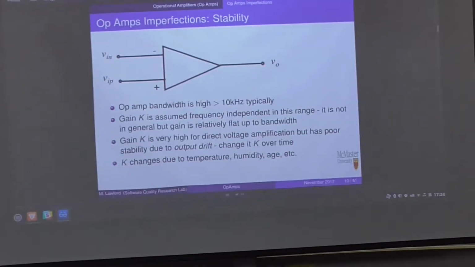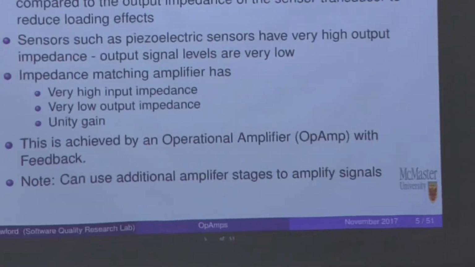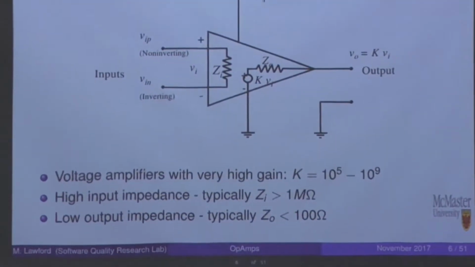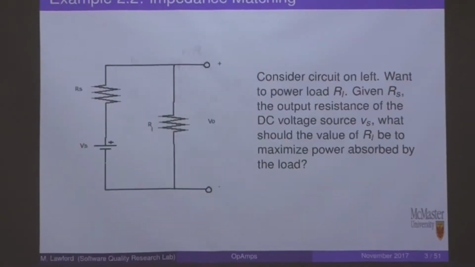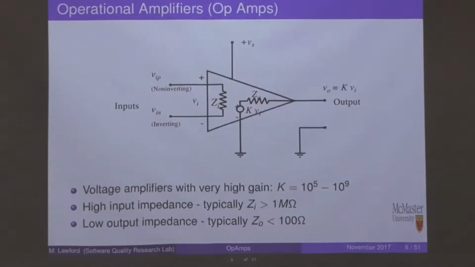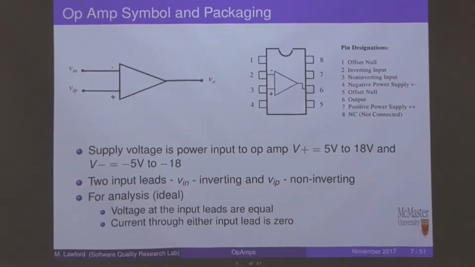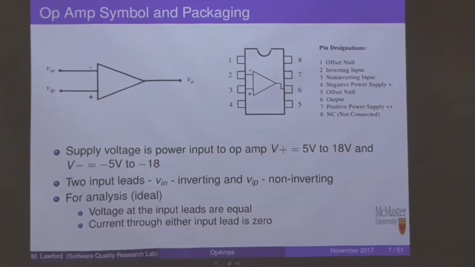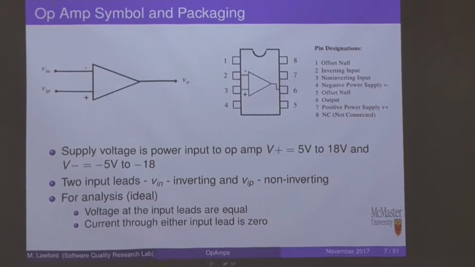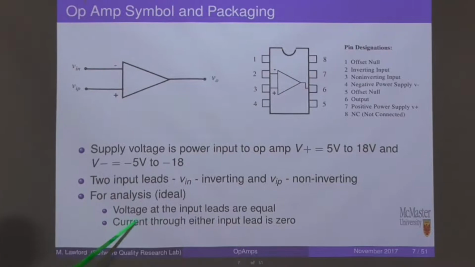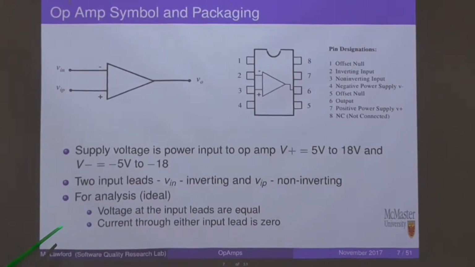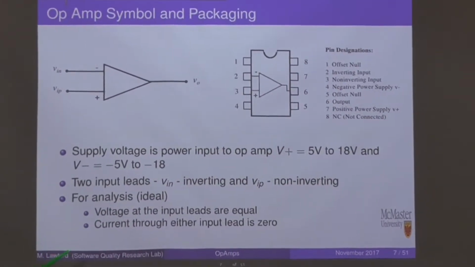So, we had talked about a couple of things with these. Your ideal op-amp, where is it here? There we go. When you're conducting circuit analysis on operational amplifiers, there are two op-amp laws, I guess you could call them.